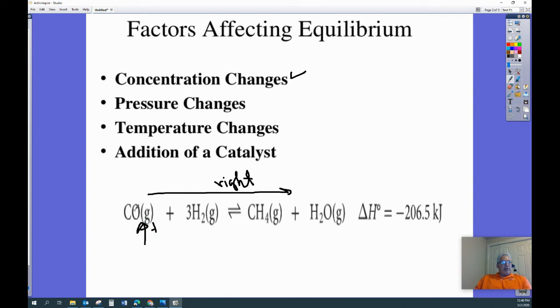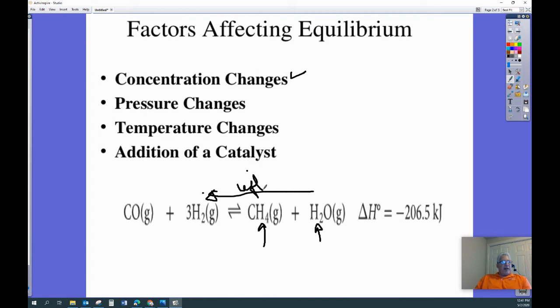By increasing this concentration, we are changing the equilibrium state, and then it will start producing more product. The same happens if you increase the concentration of hydrogen: the equilibrium will shift to the right. If we do that with the products, increasing one or both concentrations, the equilibrium will shift to the left to minimize this modification.